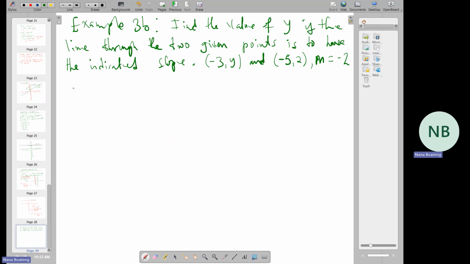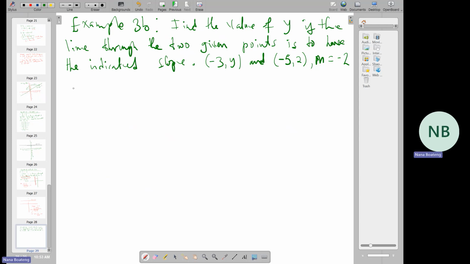So this is equal to 2 minus y divided by minus 5 plus 3. So this equals 2 minus y divided by negative 2. All right, so we have negative 2 is equal to 2 minus y divided by negative 2. If we multiply negative 2 on both sides, this negative 2 cancels out this negative 2.